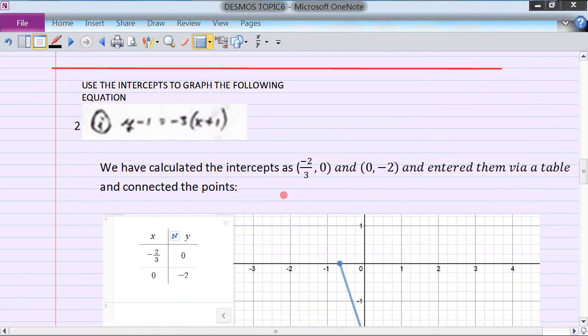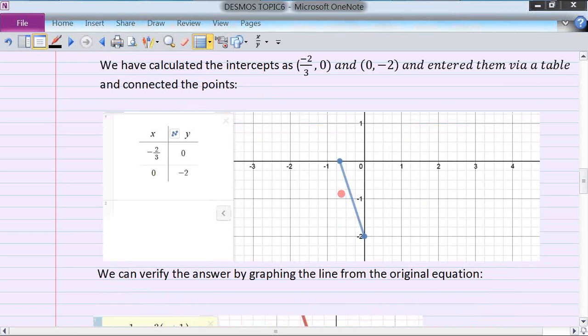Now, use the intercepts to graph the following equation. We've done this problem before. We showed that the intercepts were minus 2/3, 0, and 0, minus 2. And we put them in, and we connect the points right here by clicking over here.